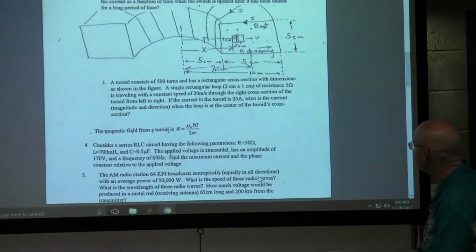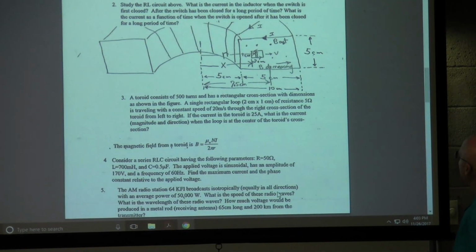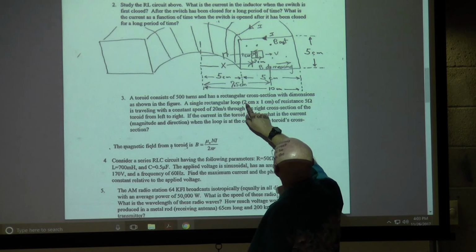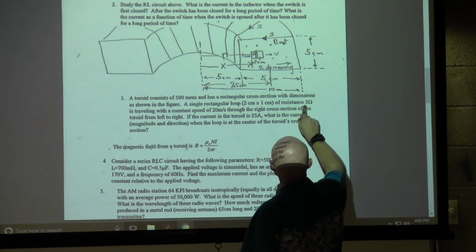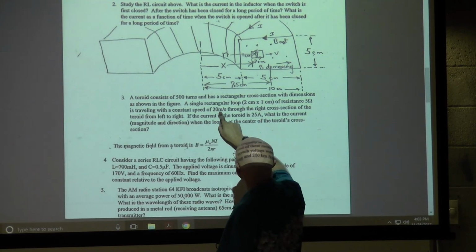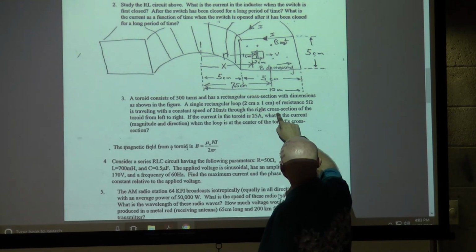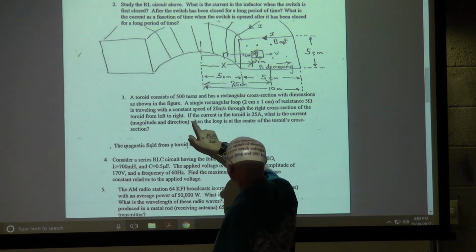Number 3 says we have a toroid which consists of 500 turns, has a rectangular cross section with the dimensions as shown. There's a lot of stuff up there. A single loop of wire which measures 2 centimeters by 1 centimeter right here and has a resistance of 5 ohms is traveling with a constant speed of 20 meters per second to the right, through the right cross section of the toroid from left to right.